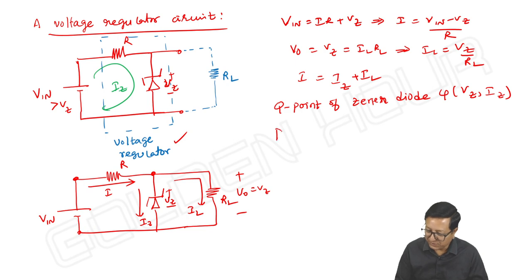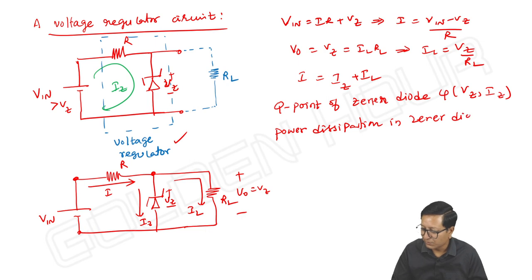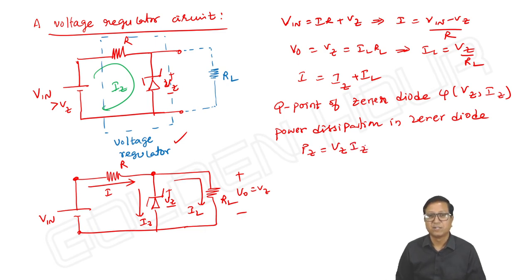And the power dissipation in the Zener diode is Vz into IZ. That's it. These are the points to be observed as far as a regulator is concerned.